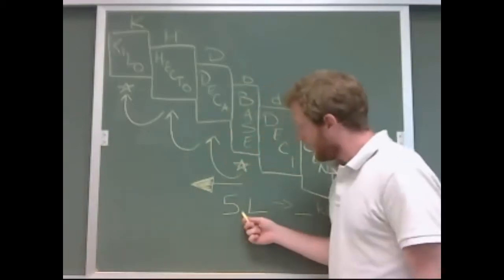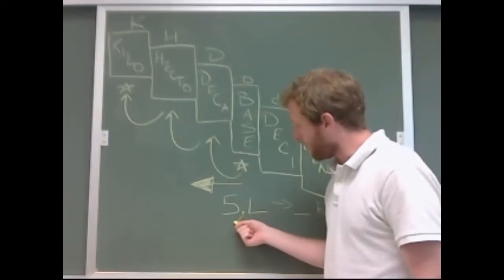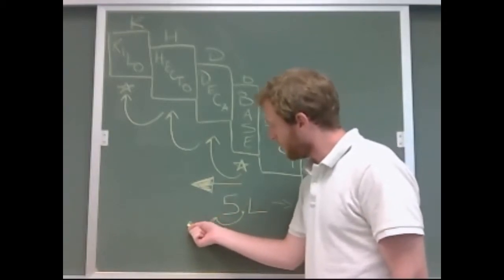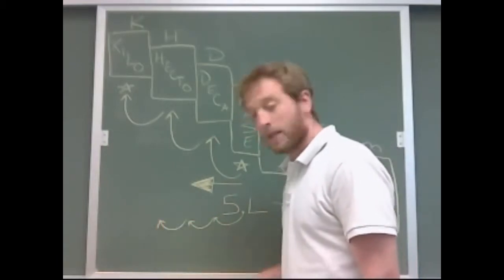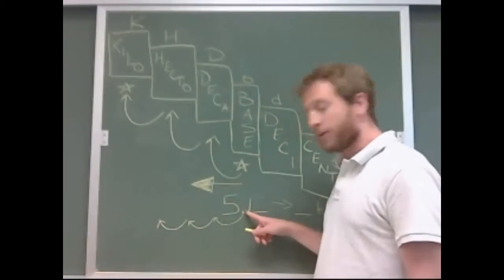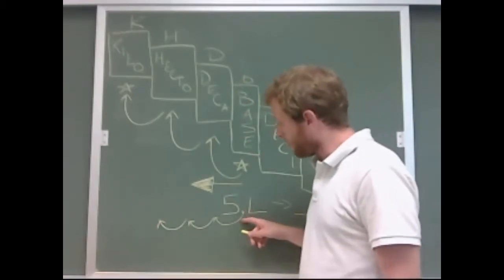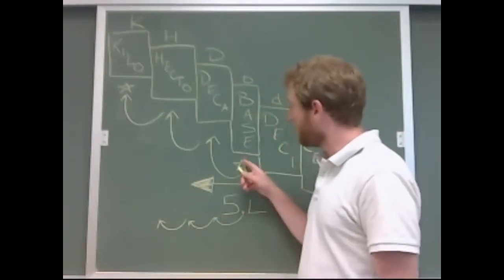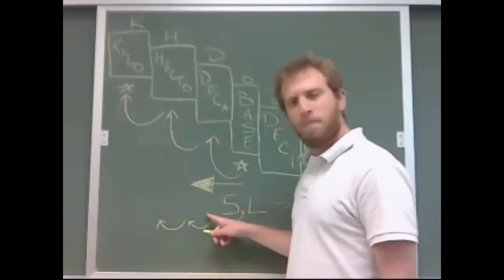So I can see right here that I'm going to take this 5 and this decimal after the 5 and move it 1, 2, 3 places to the left. Okay, so I started with 5 liters. If I wanted to go to kiloliters, I have to move this decimal 1, 2, 3, just like I did up here. 1, 2, 3.